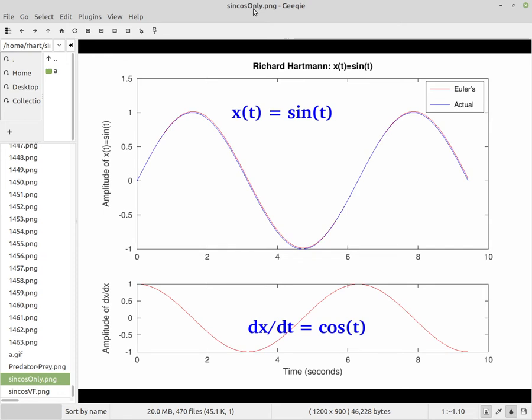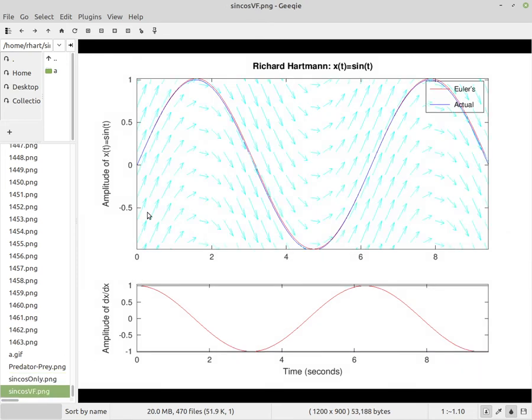So now what we want to do is apply a vector field. The idea of the vector field is it simply helps show the direction of the flow of the function. I've only plotted the vector field for the actual solution of sine of t, as you can see here.